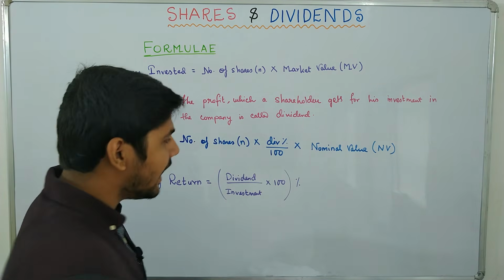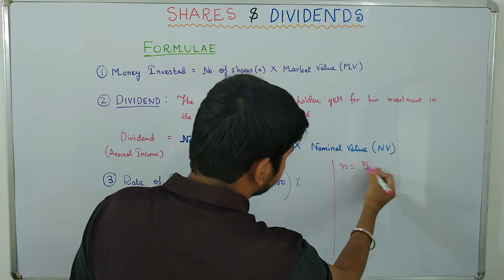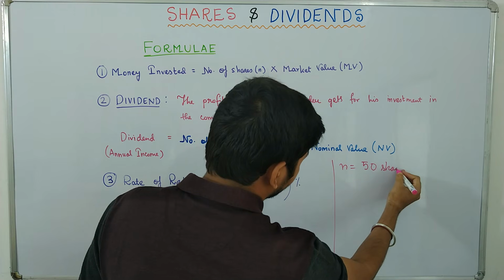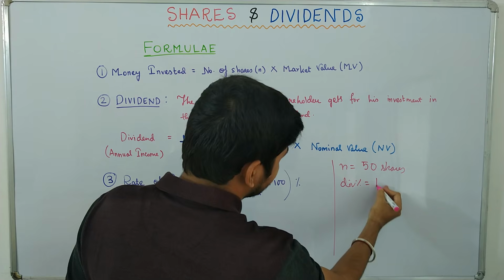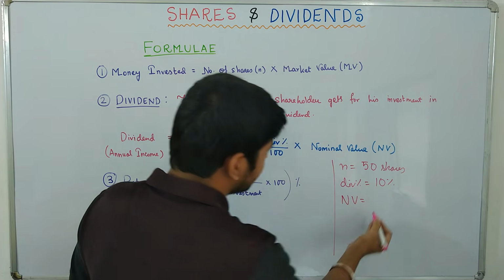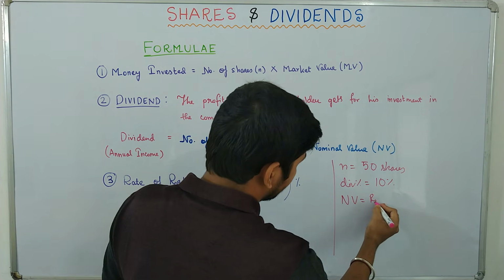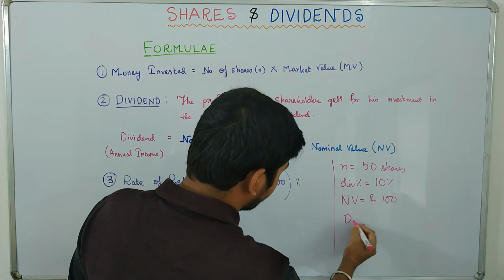Say a man owns 50 shares, say the dividend percent is 10% and the nominal value of the share is equal to rupees 100. Okay, so what is the dividend?